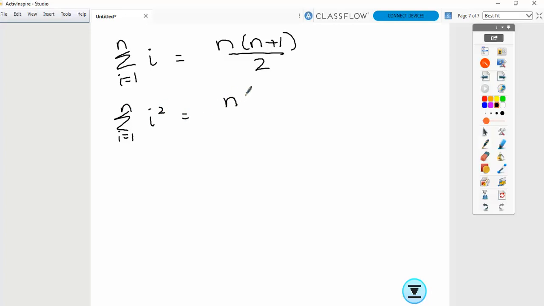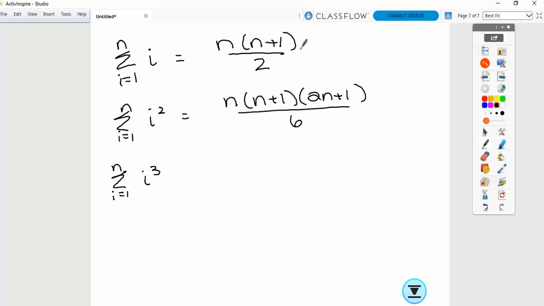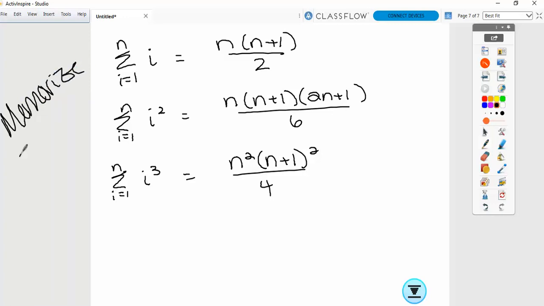If you're adding up i squared, it starts out the same, n times n plus 1 times 2n plus 1 over 6. And i cubed is just like the i formula if you square everything. So n squared, n plus 1 squared, over 2 squared is 4. So you have to memorize these.